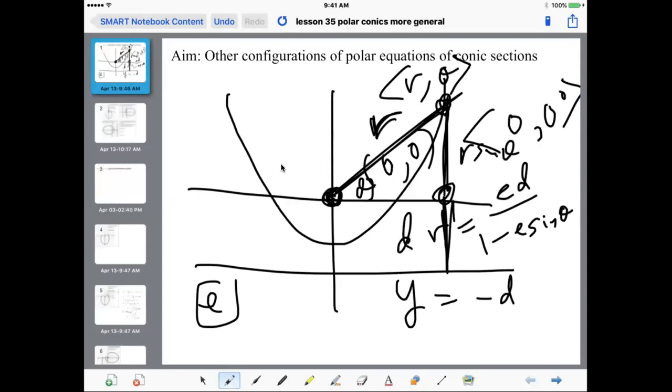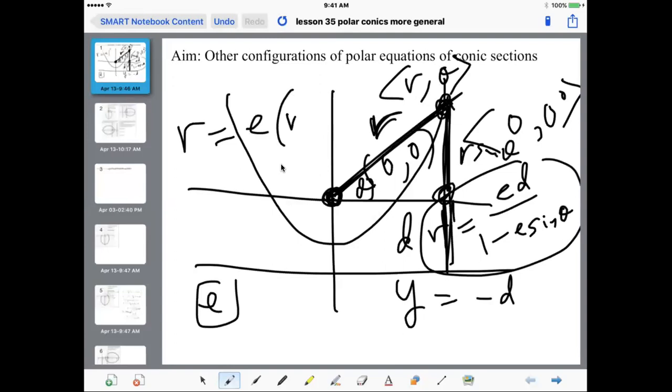The way we derived this formula was by using the property that the distance to the focus is e times the distance to the directrix. It became r equals e times (r sine theta plus d), and eventually that turned into this.